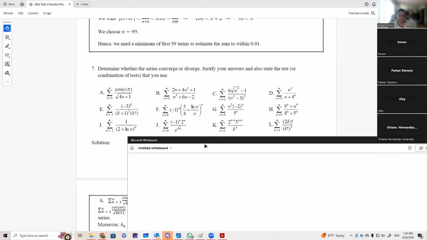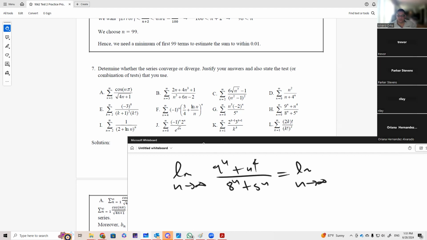But then if I just do the limit when n goes to infinity of 9 to the n plus n to the 4 over 8 to the n plus 5 to the n, and I just divide everything by 8 to the n, which is the largest of the denominator, this is going to be 9 over 8 to the n plus n to the 4 over 8 to the n, over 1 plus 5 over 8 to the n.